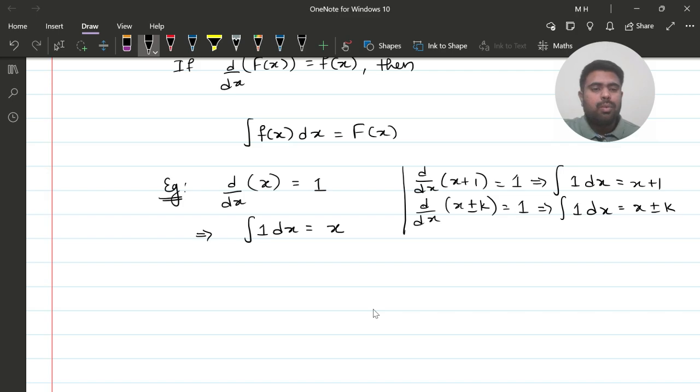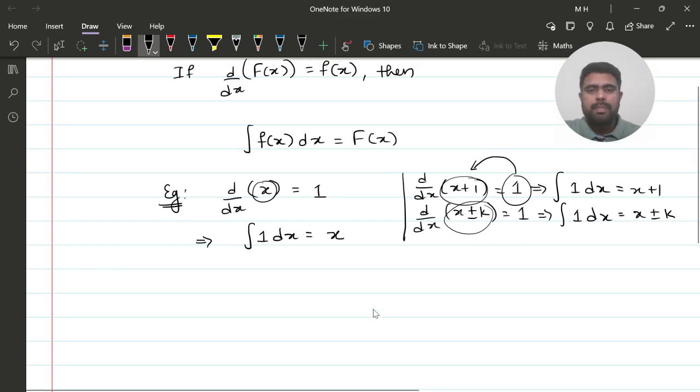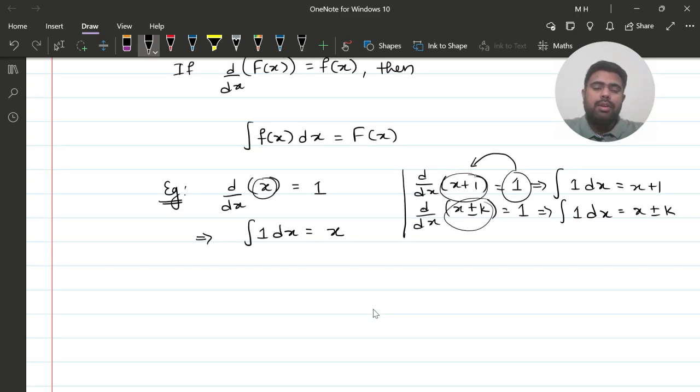So therefore, whenever I integrate x plus 1, x plus or minus any constant, I am getting the same derivative. So when I integrate this derivative, will I get x, x plus 1, or x plus k? Since the derivative of a constant is 0, adding a constant still gives derivative 1.